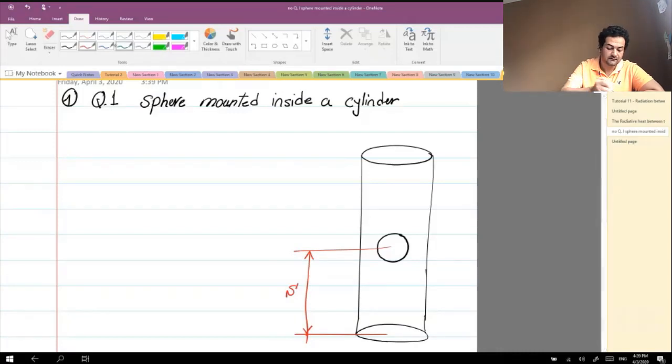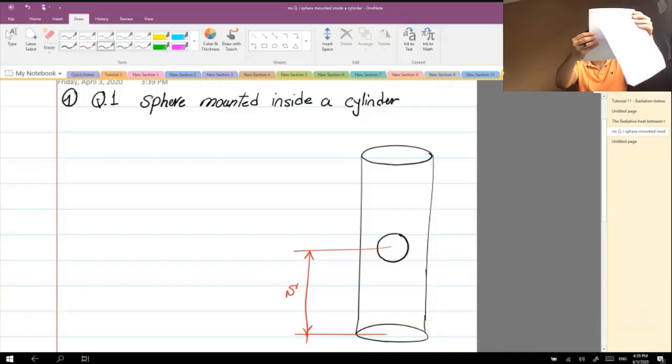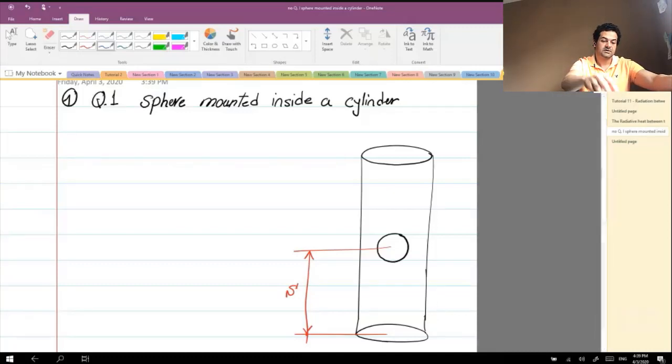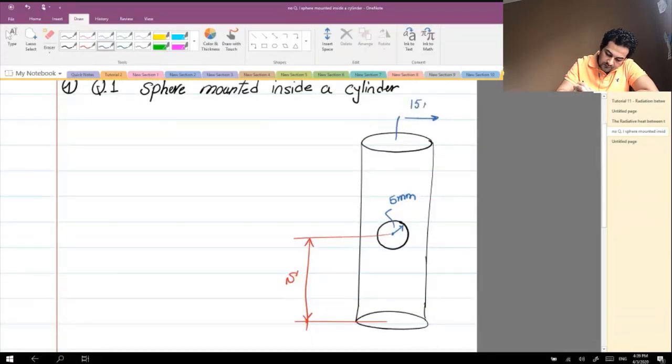So this distance is s, and the sphere has a radius of 5 millimeters. So the radius here is 5 millimeters, and the radius of the circle is 15 millimeters, and also the same for here as well. And this is surface number 1. Surface number 2 is the inner surface. Surface number 3 is the bottom surface, and the top surface is surface number 4.